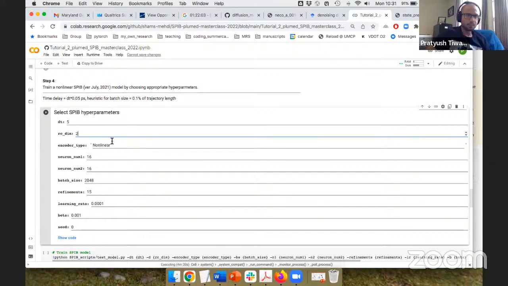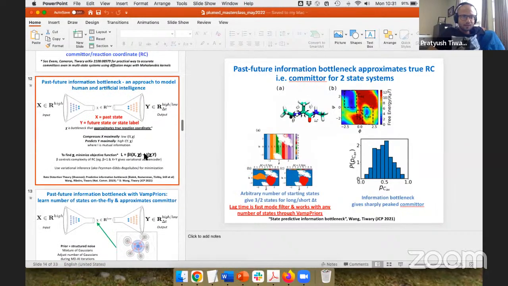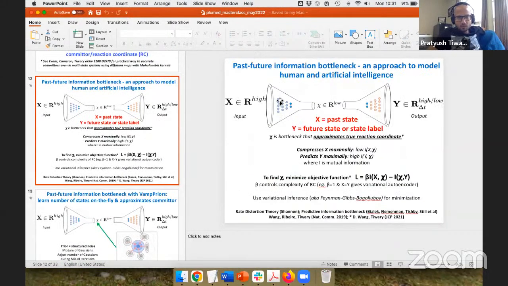Here comes the most interesting part, the encoder type, which is linear or nonlinear. Last week I was at a machine learning workshop for molecular sciences, where Andy Ferguson and others who are also working on similar things were there. It seems a lot of people simply want to use a nonlinear encoder to get the latent variable.